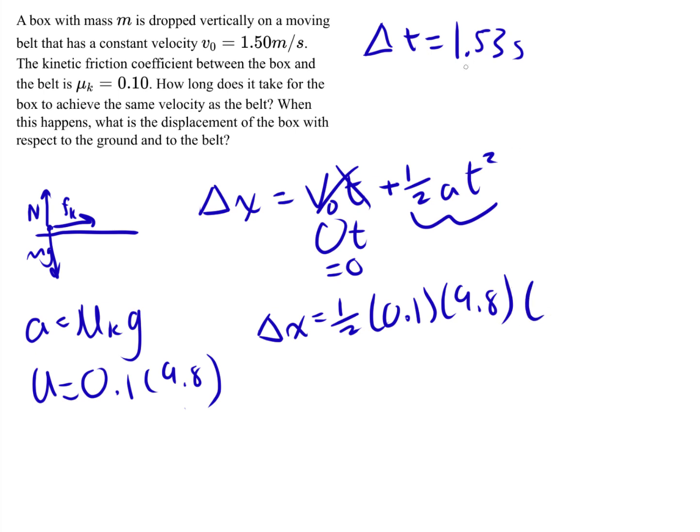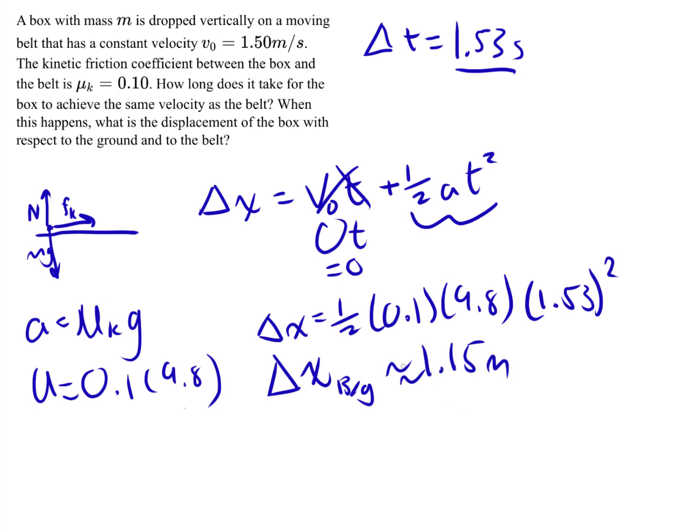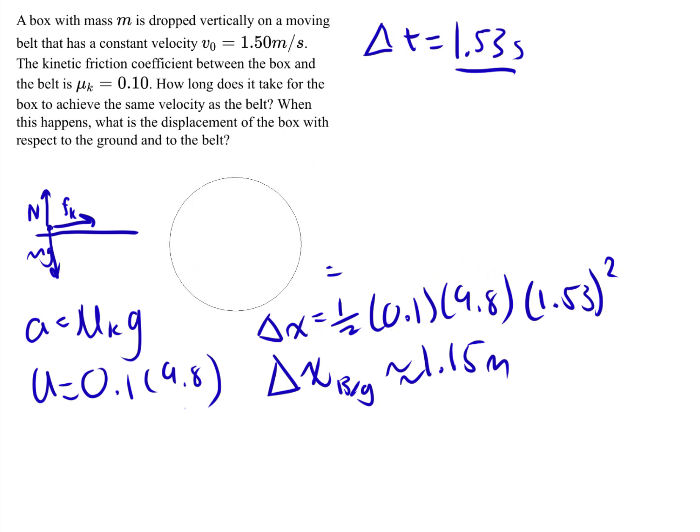We figured out the time was 1.53 seconds, so we're going to plug that right in and square it. If you solve this, the displacement of the box with respect to the ground is about 1.15 meters.